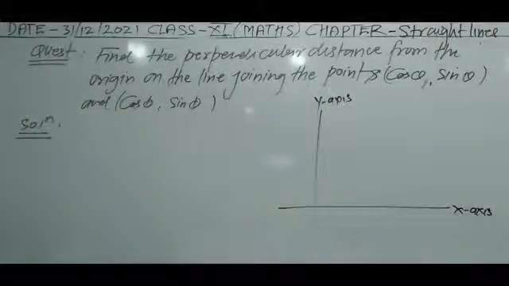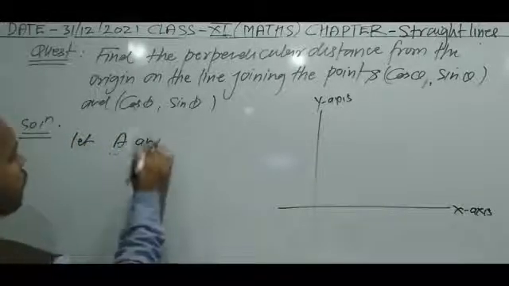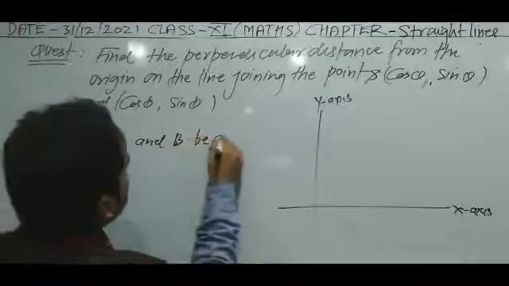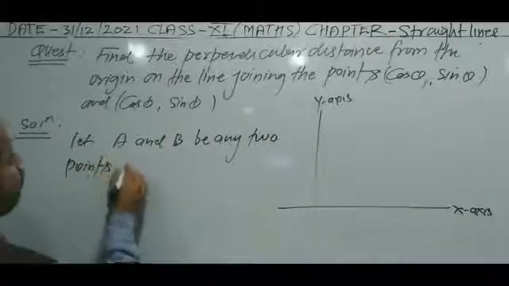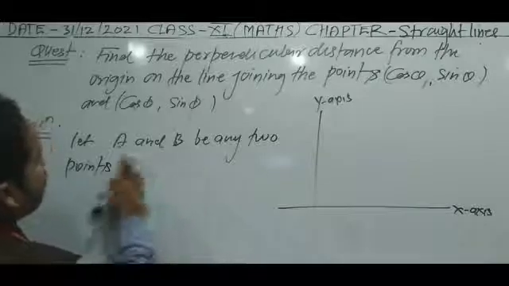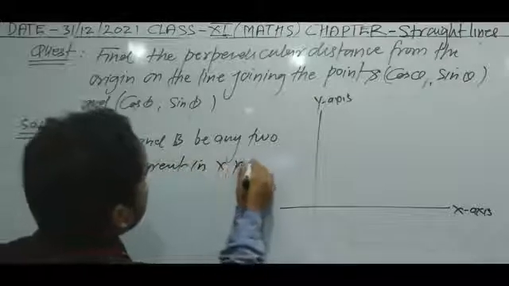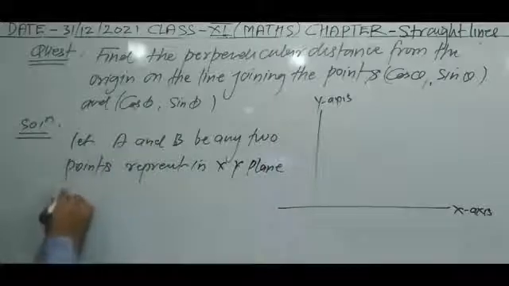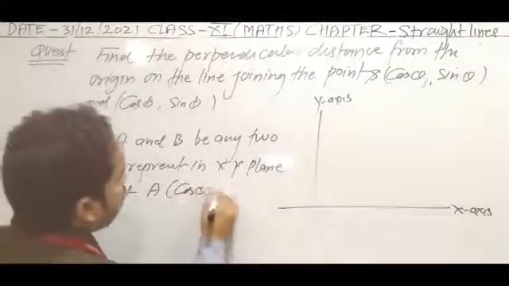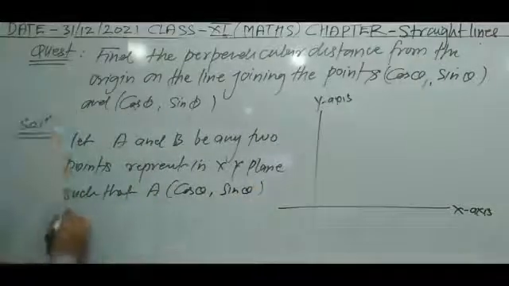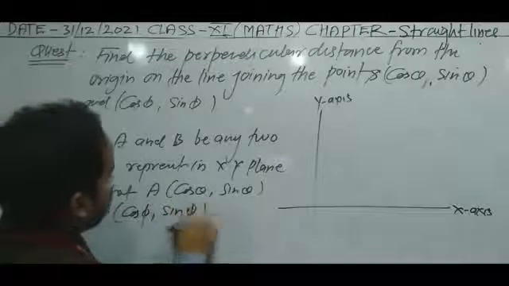Now let capital A and capital B be any 2 points represented in the Cartesian plane, the xy plane, such that A coordinate is cos theta comma sin theta and B coordinate is cos phi comma sin phi.